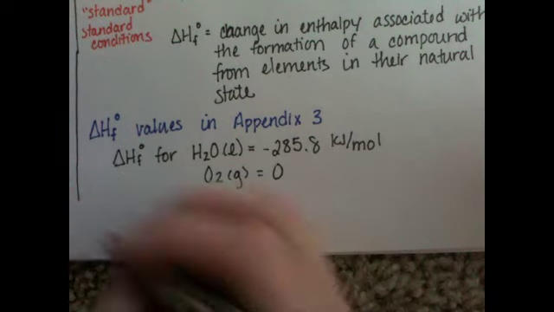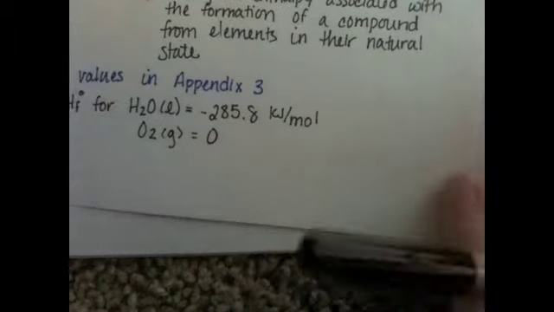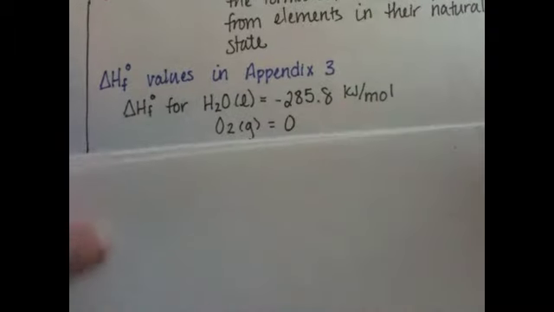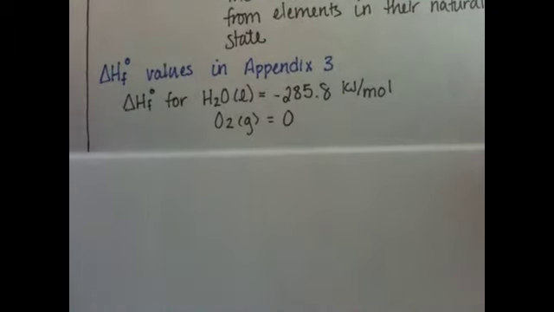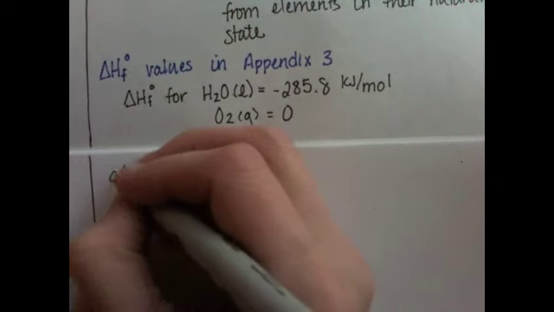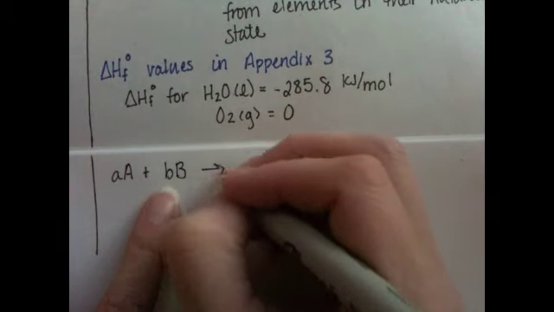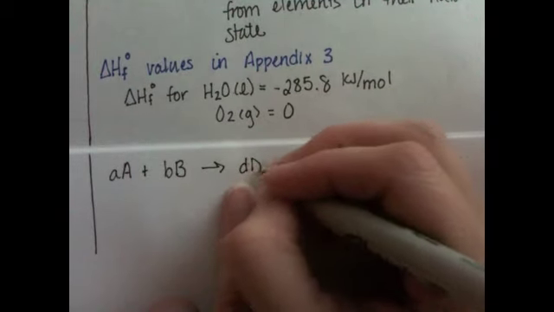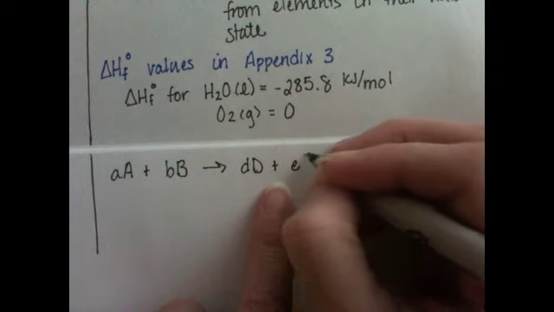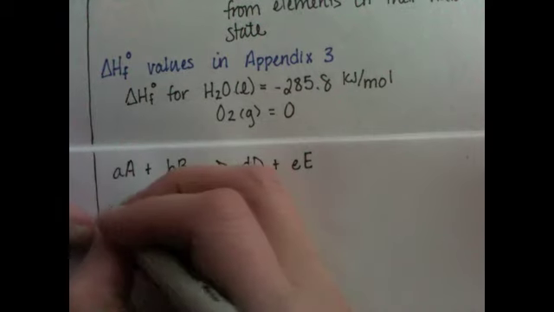Okay, so for a generic overall reaction, let's say little a A plus little b B, to produce little d D plus little e E. The little letters are the coefficients and the big letters are the molecules that are reacting together.